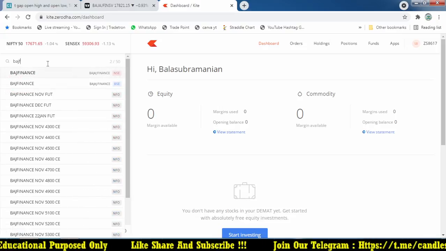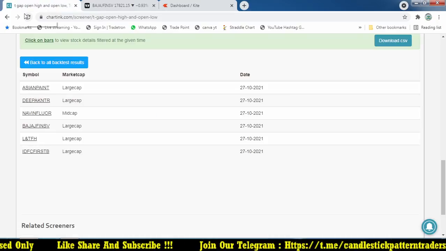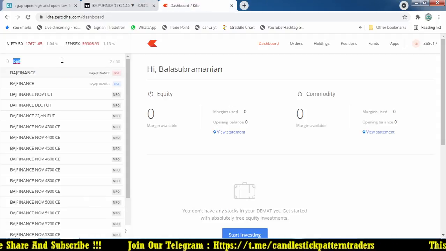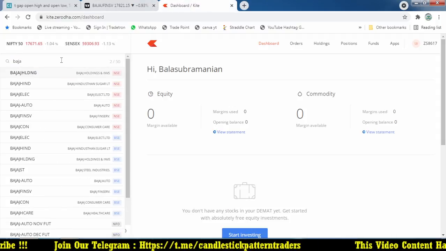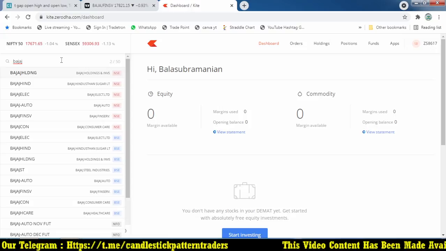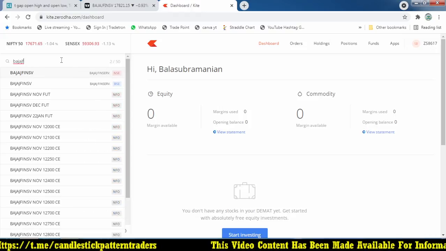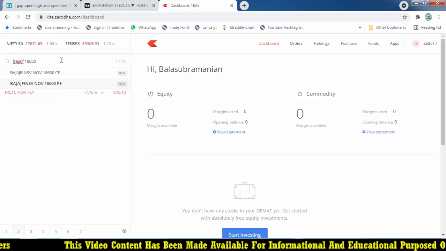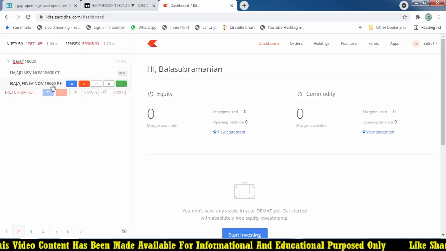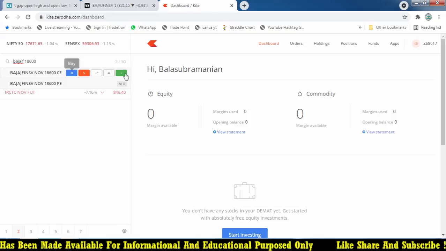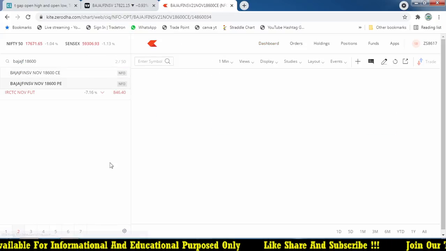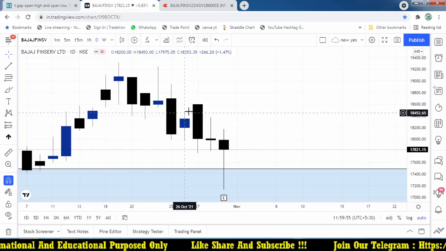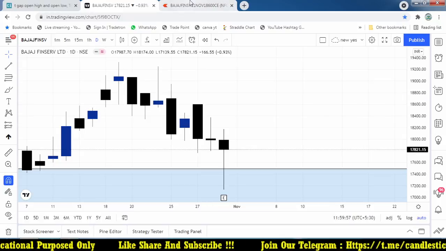Bajaj Finserv 18,600, but we don't have an October contract. So let's see the November contract, what happened on 27th October at the opening itself.